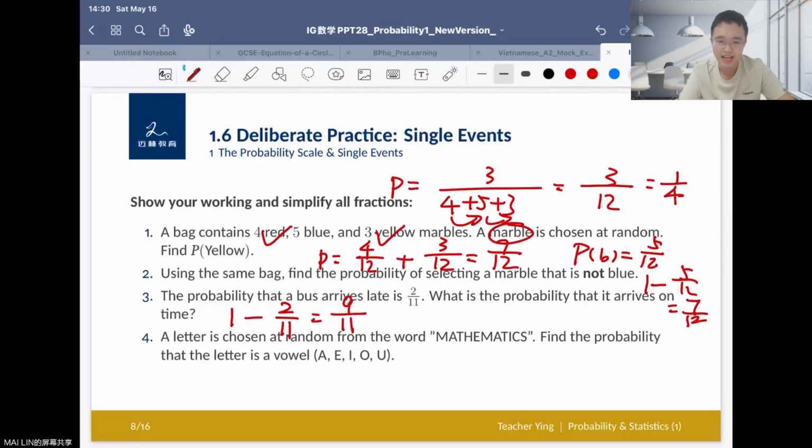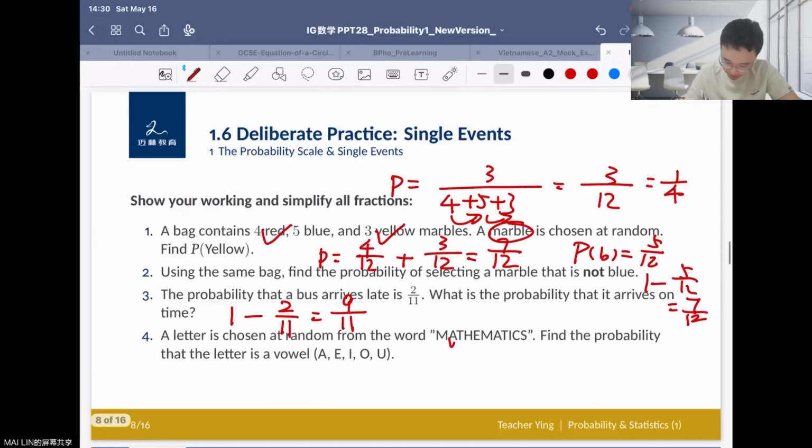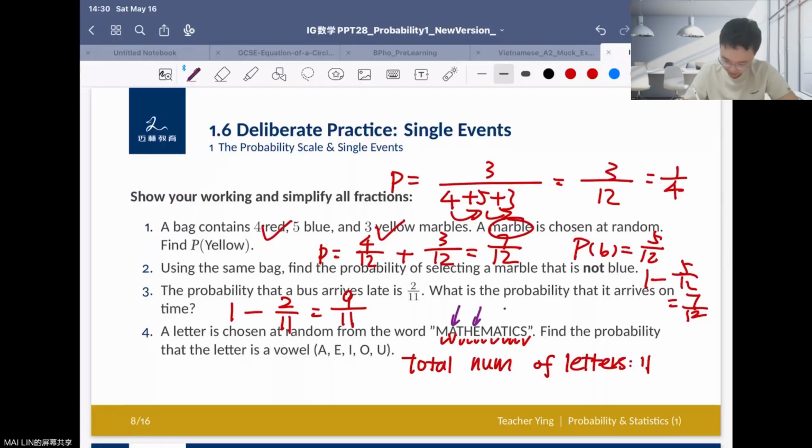And the last problem is that a letter is chosen from the word mathematics, and we find the probability that the letter is a vowel, A, E, I, O, U. Counting the letters: 1, 2, 3, 4, 5, 6, 7, 8, 9, 10, 11, so we have 11 letters in total. For the vowels, we have an A, an E, another A, and an I, so 4 vowels.